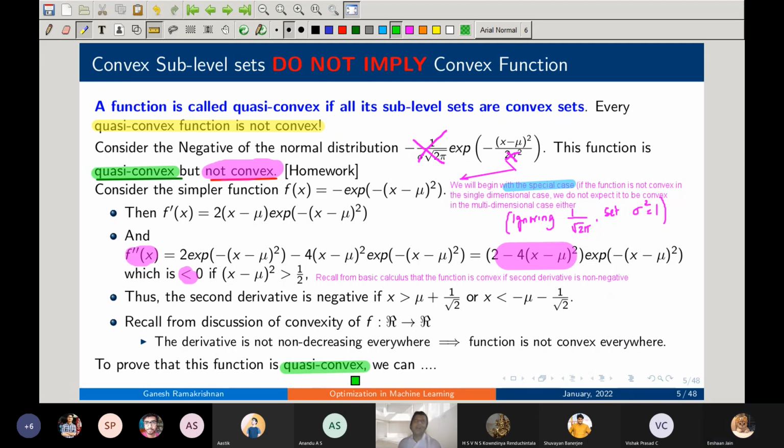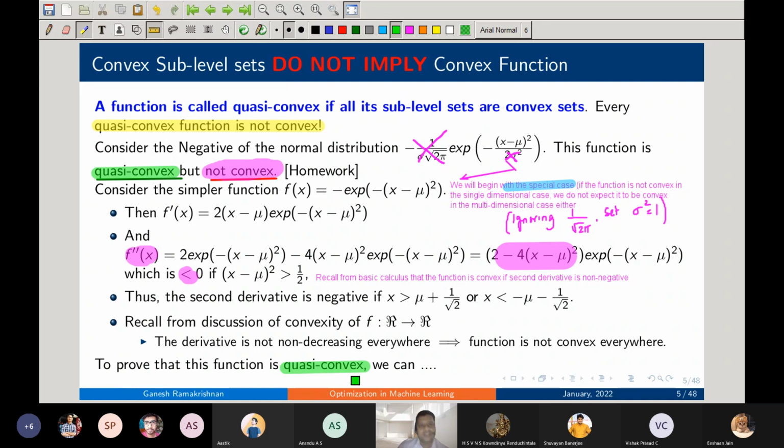Right. The relation comes, and we'll actually talk about it maybe a little later. For certain special classes, if you start putting certain bounds on the gradients, say Lipschitz continuity and smoothness, then under certain conditions the relations start emerging more strongly. But in general, all I can say is that every convex function is quasi-convex.